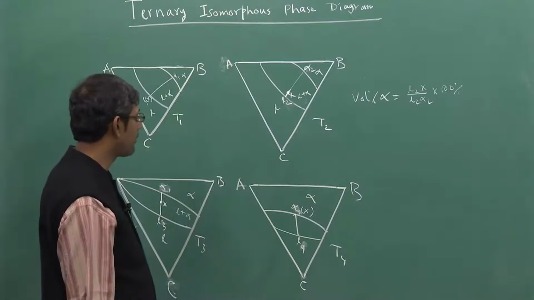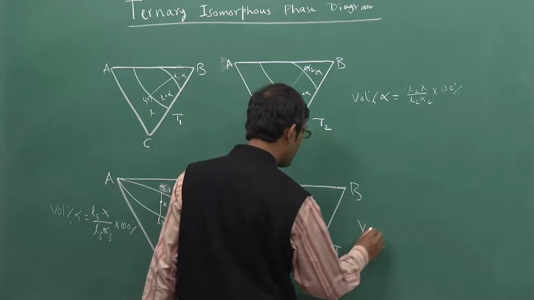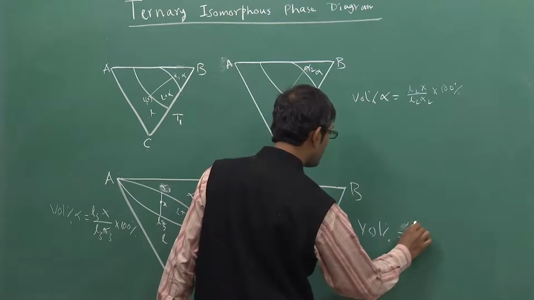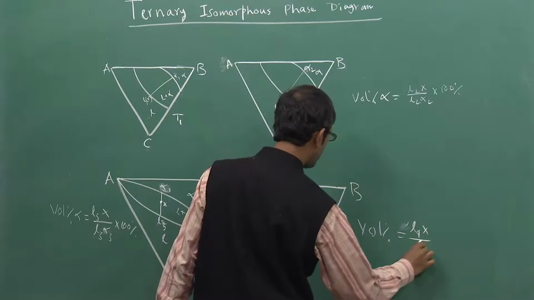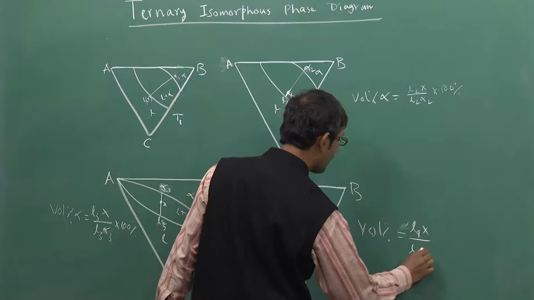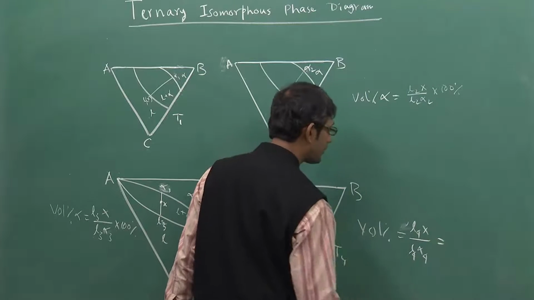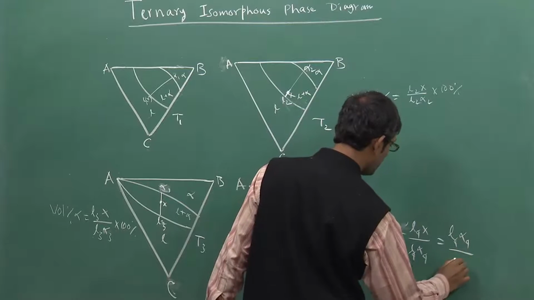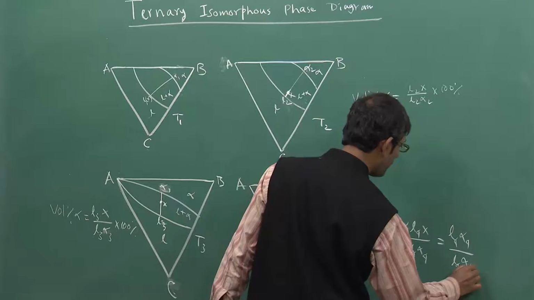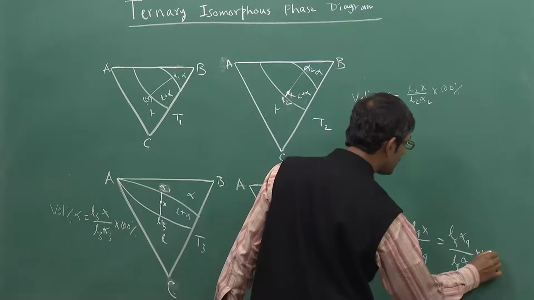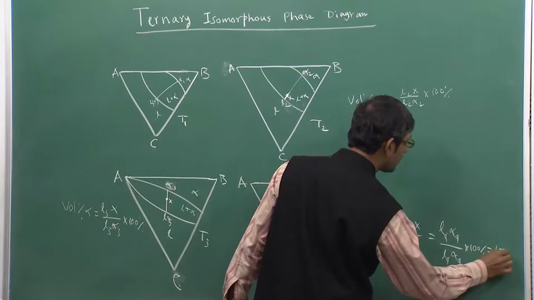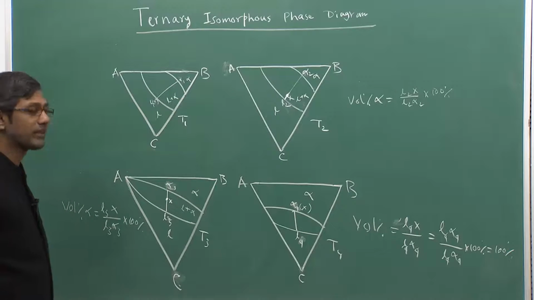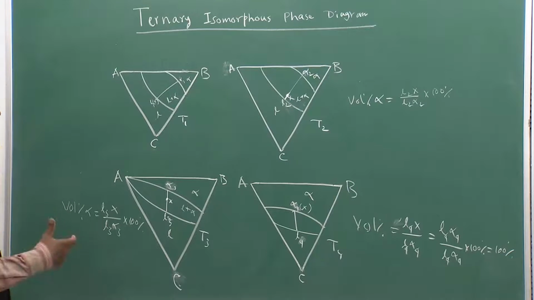So the volume percentage of alpha is L4x divided by L4 alpha 4, which is the same as L4 alpha 4 divided by L4 alpha 4 into 100, that is 100% alpha. That is how one can calculate the percent alpha as solidification gets over.